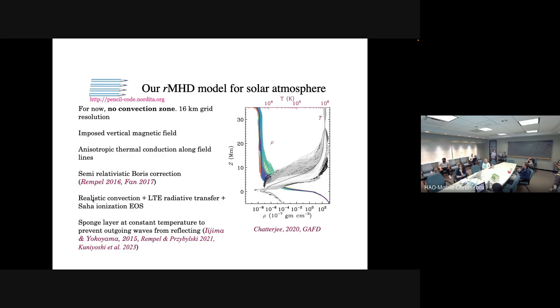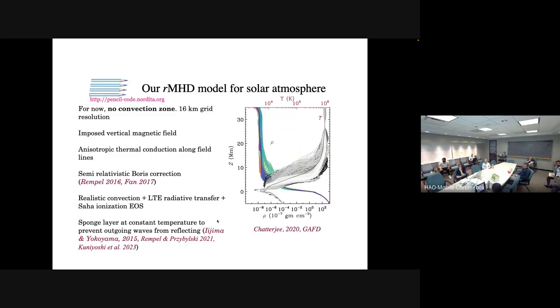And then, the realistic convection is not there. It will come later. Sorry about that. But we have LTE radiative transfer, which is coupled with the Saha ionization equation of state. And we also have a sponge layer at the top. So basically, this is our domain. We have the subsurface, and it extends up to 44 megameters. And the top 16 megameters of the domain is basically a sponge layer where we keep the coronal temperature constant.